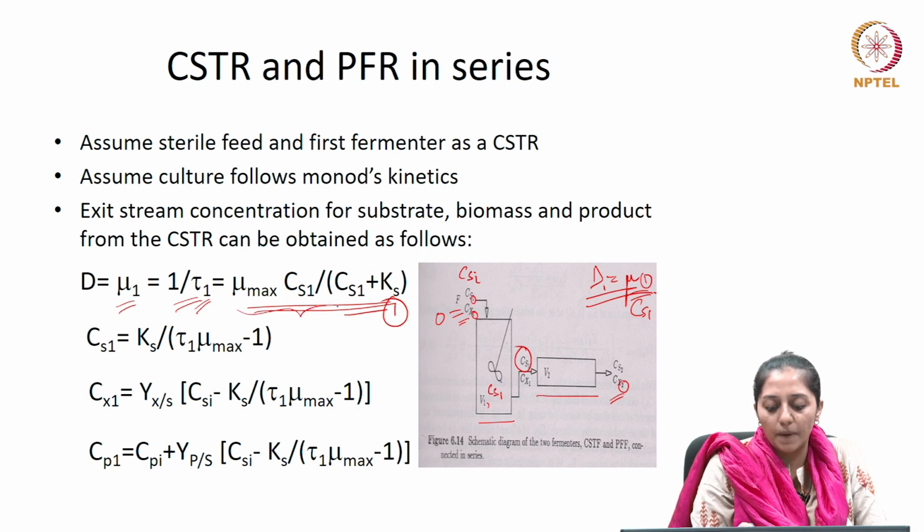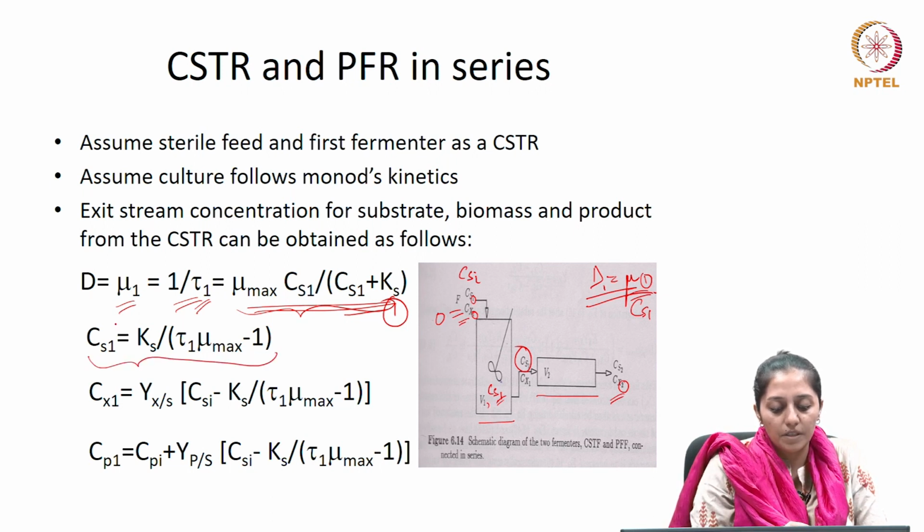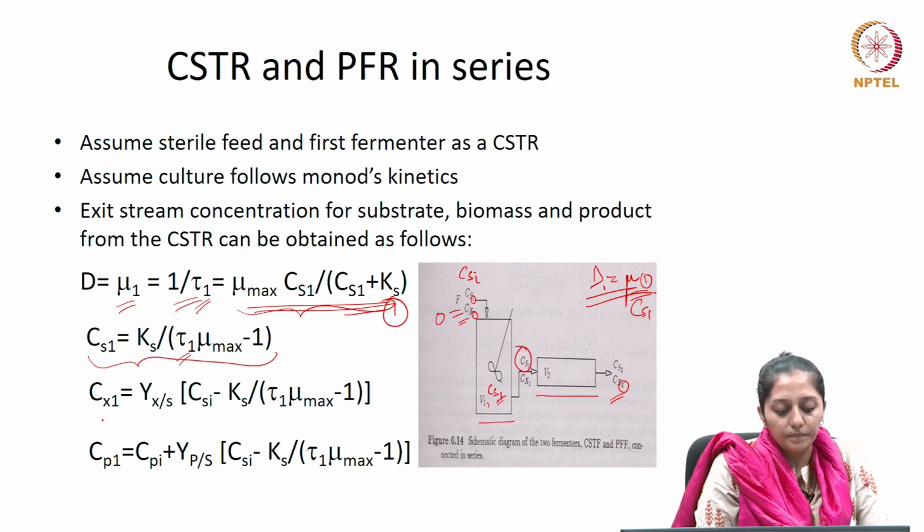The mu has been expanded as a function of the substrate concentration inside the reactor at steady state, CS1, because it is following Monod's kinetics. Then CS1, after rearrangement of equation 1, can be represented under steady state as a function of residence time and culture kinetic constants.